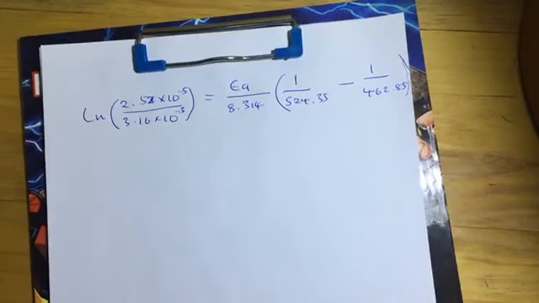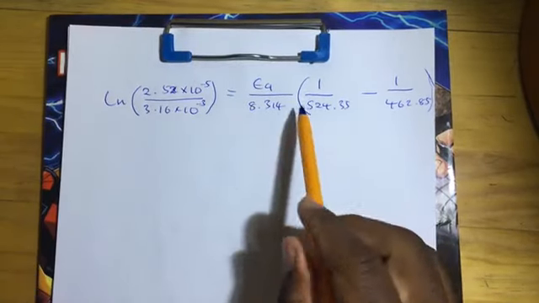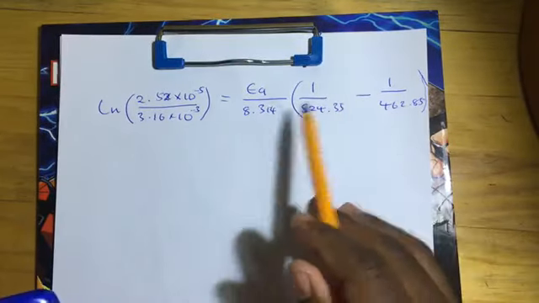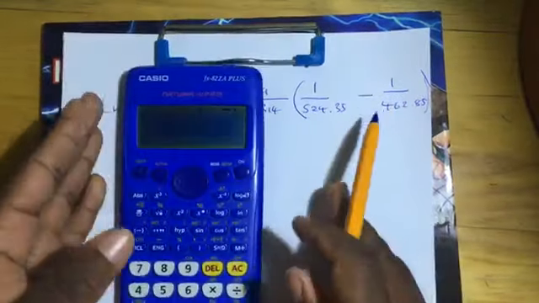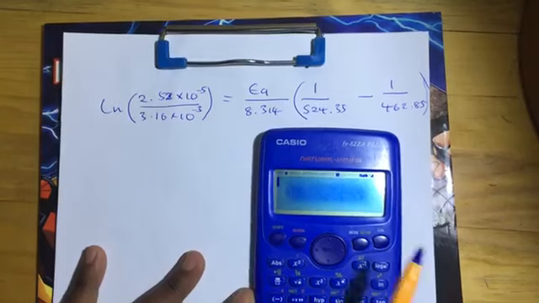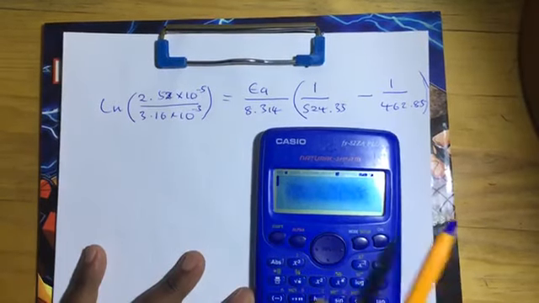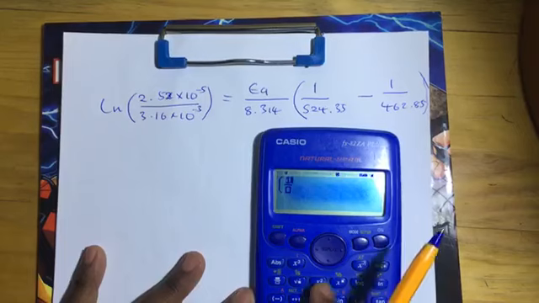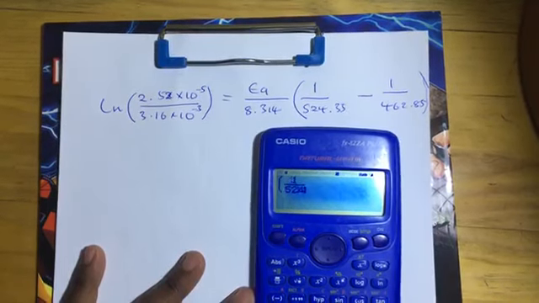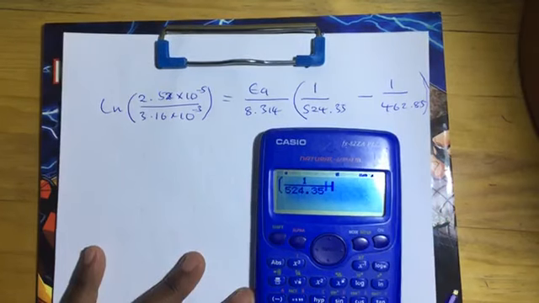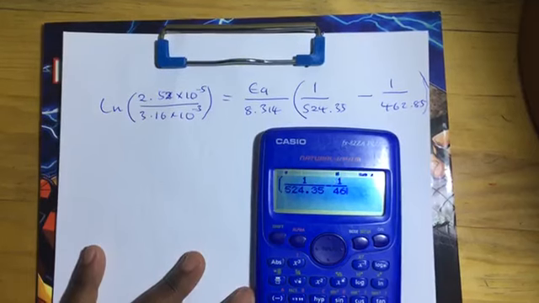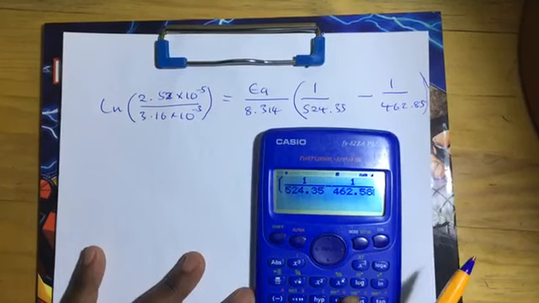Easy stuff. Now, your calculators cannot handle this at a go. You need to find the lowest common denominator and the like. Mine can, so I'm going to punch everything in at a go. This is going to be 1 divided by 524.35 minus 1 divided by 462.85.